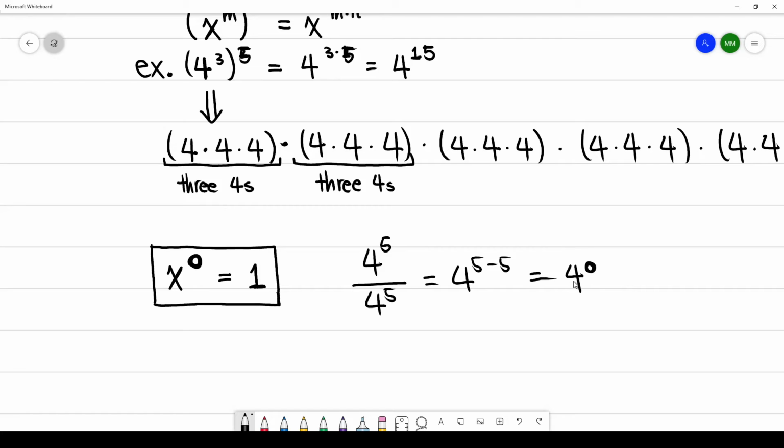Well, that is not nothing. 4 to the 0 is not 0, because 4 to the 5 divided by 4 to the 5 is equal to 1, right? The top number looks the same as the bottom number, so you can just cancel it. And when you cancel it, it doesn't become 0. It becomes 1 over 1, so that's 1. So that's why x to the 0 is 1.